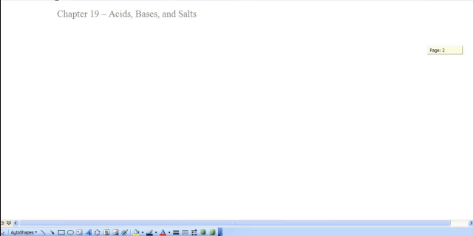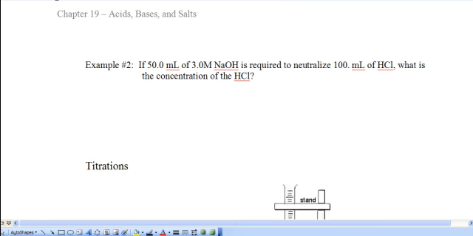Flipping the page, example number 2. If 50 milliliters of 3 molar sodium hydroxide is required to neutralize 100 milliliters of HCl, what is the concentration of the HCl? So once again, we'll set up our relationship. MH+ VH+ equals MOH VOH. And just plug this thing in. Do we know the concentration of the HCl? No, that's what we're trying to solve for. Do you know the volume of our acid?